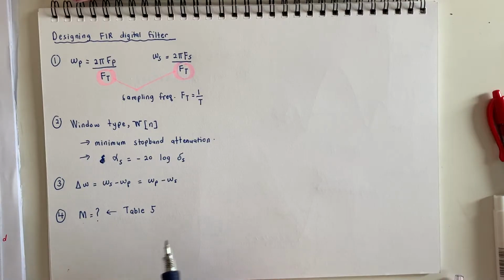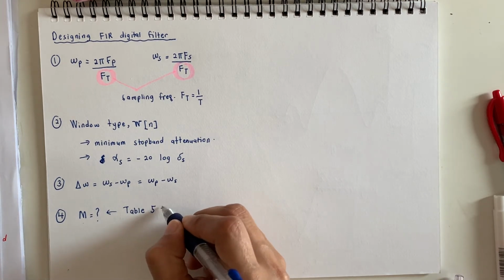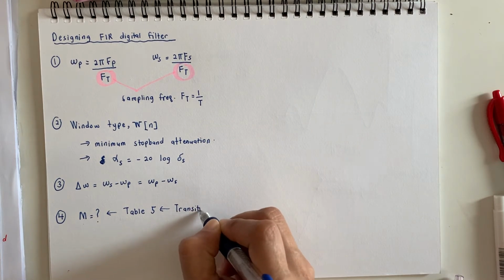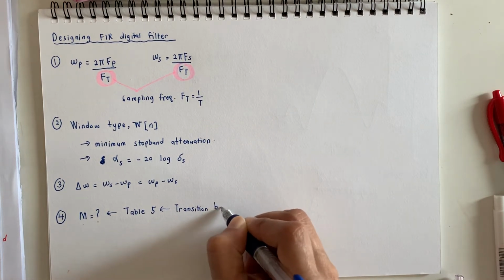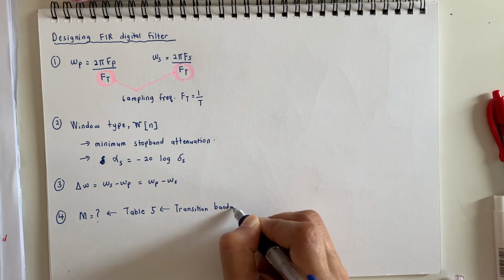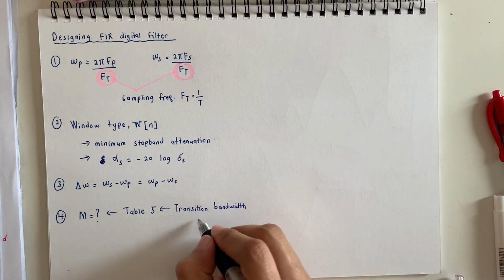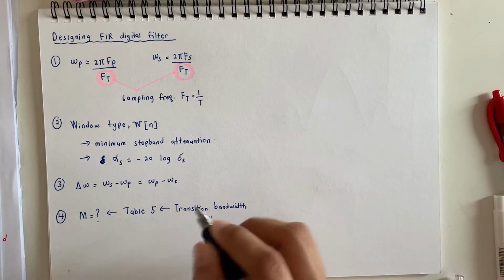To determine M, you need to refer to the transition bandwidth column.